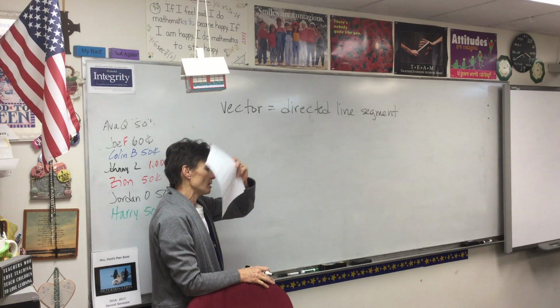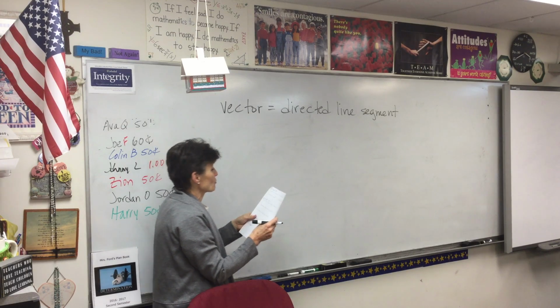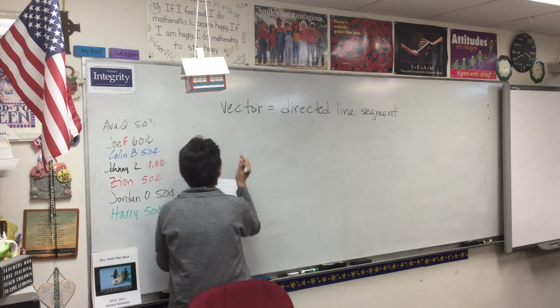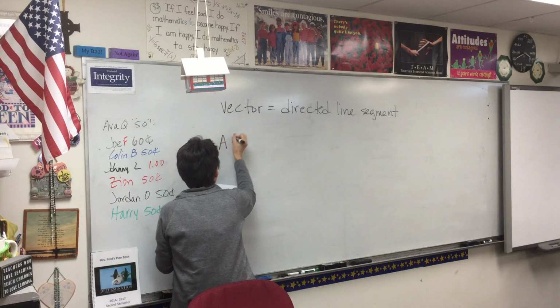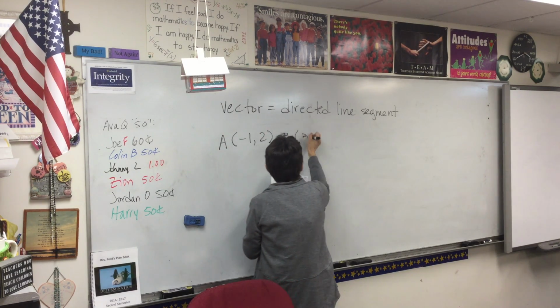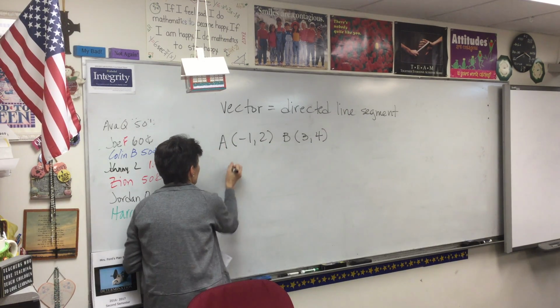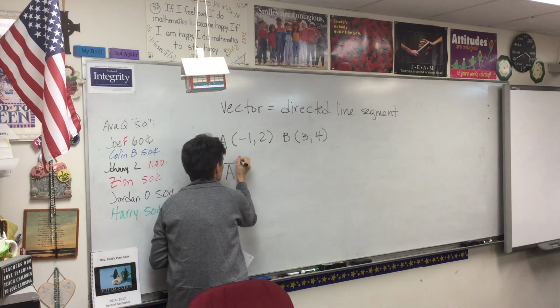Okay, these were handed out a long time ago. You have it. It might be stapled to something else. If not, take a picture of somebody's. All right, problem number 1A says, find the coordinates of vector AB. That's what this notation means.